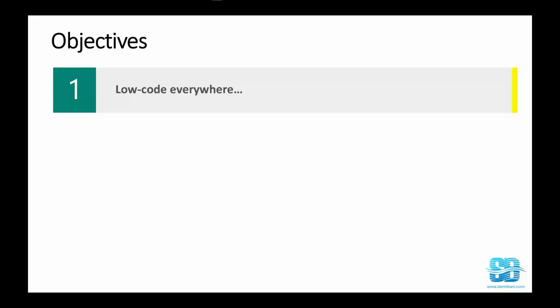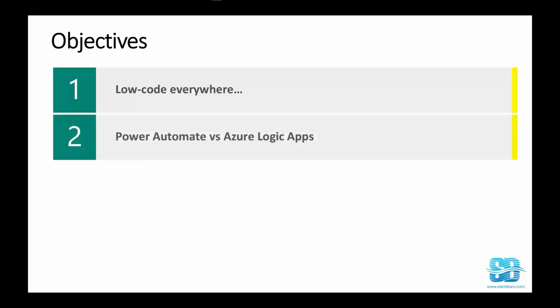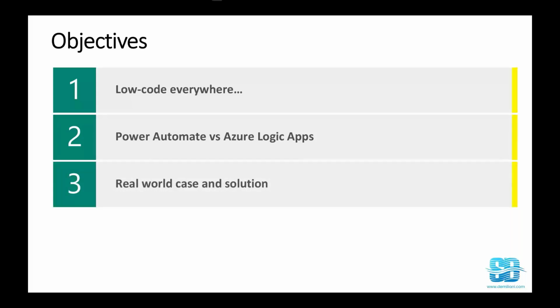And then after that, moving to a quick comparison of Power Automate, which I think is the most well-known low-code workflow engine for Business Central, compared to Azure Logic Apps. That is where I want to put the focus today. And today I want to show new things about Azure Logic Apps.